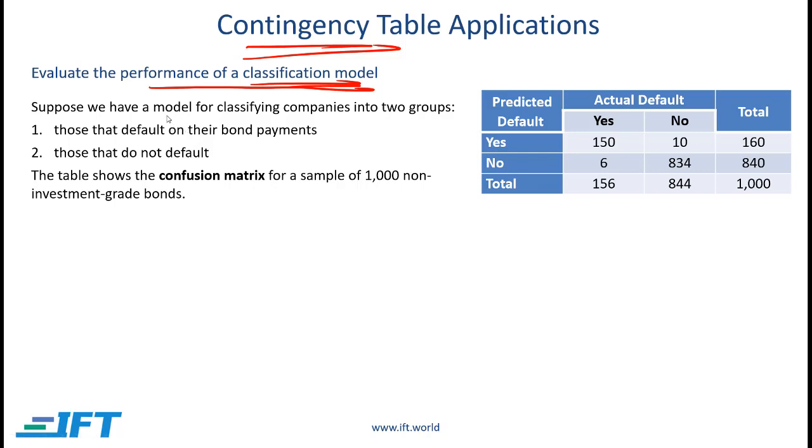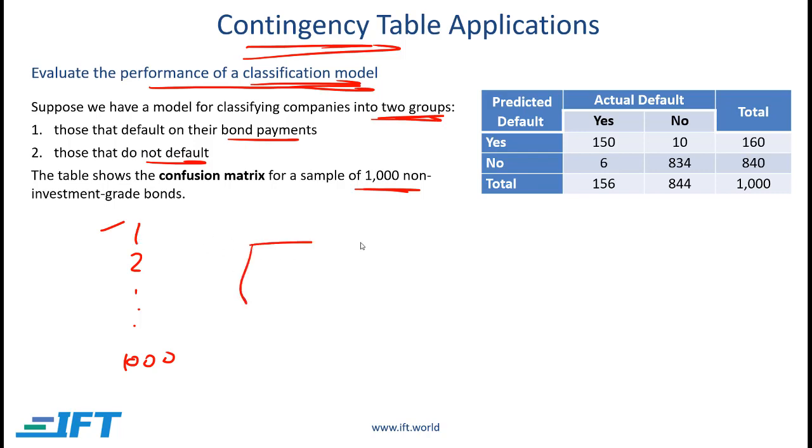Say we have a model for classifying companies into two groups or two categories, those that default on their bond payments and those that do not default. Say we are evaluating 1,000 companies. So we have company 1, 2, all the way down to 1,000. And obviously there are characteristics associated with these companies such as the debt ratio and so on.